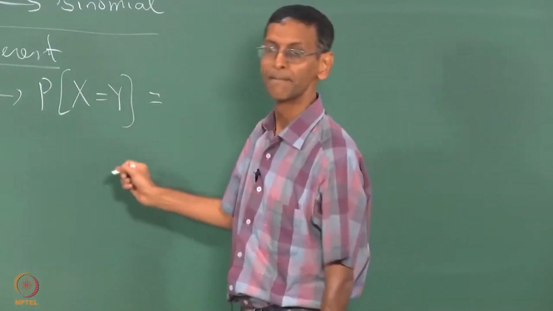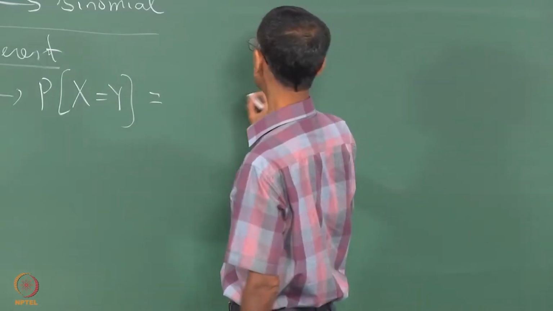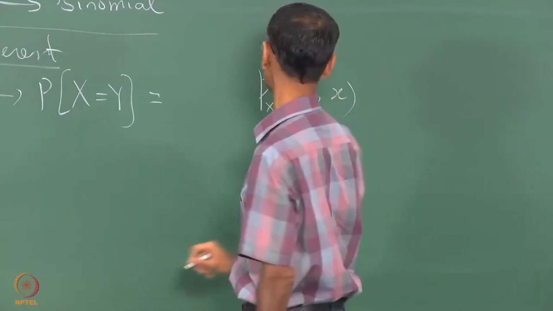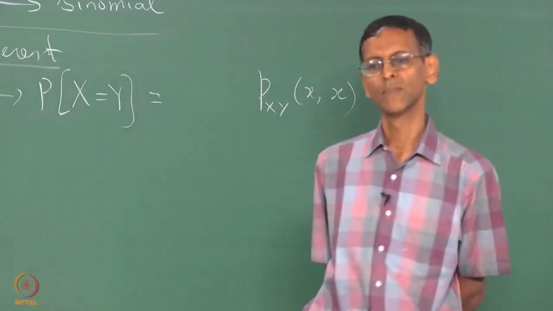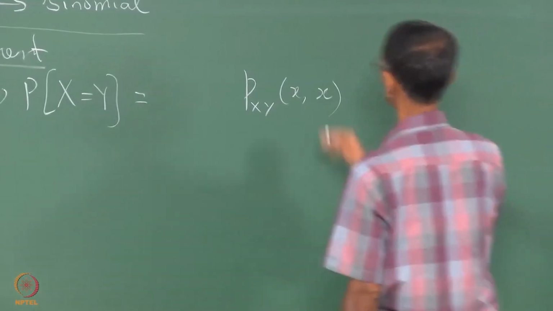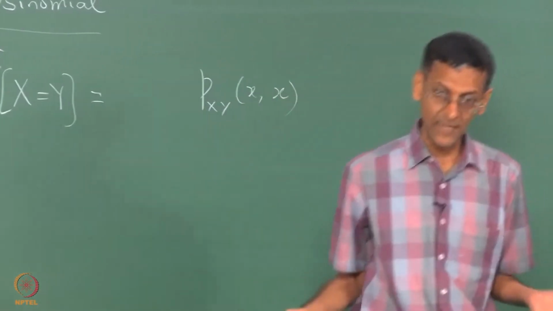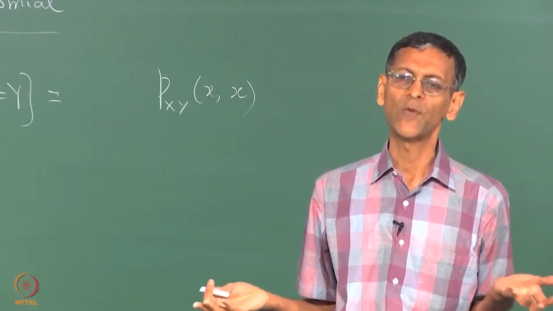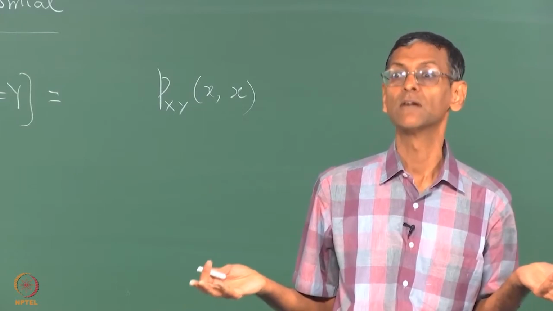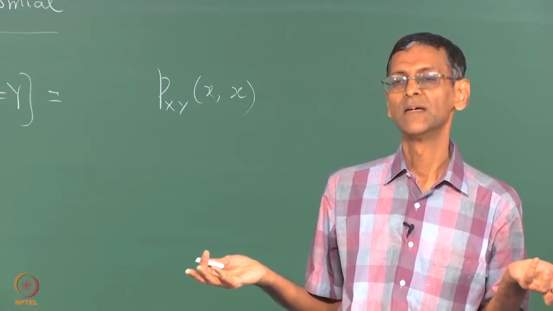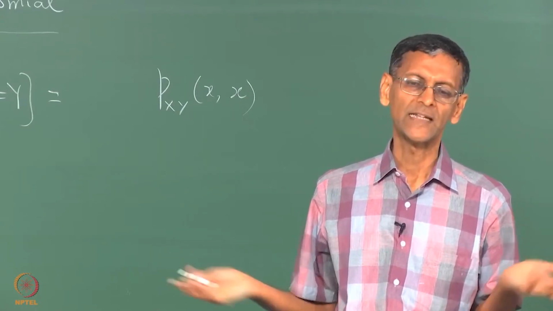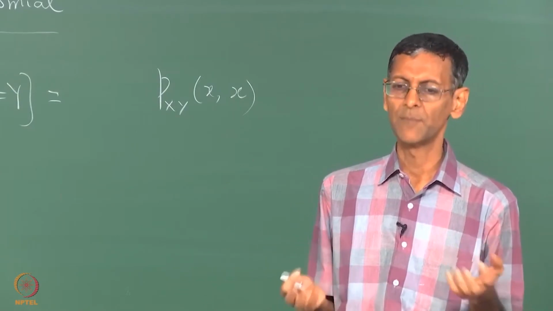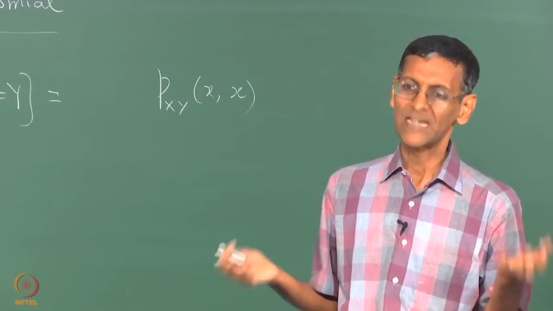And how do we write this? Basically, you look at the probabilities of the points (x, x), assuming that (x, x) is a valid point in omega xy. If there is no point (x, x) in omega xy, then what is the probability of x equal to y? For example, in the drawing of two balls with different numbers, you can never get x equal to y.